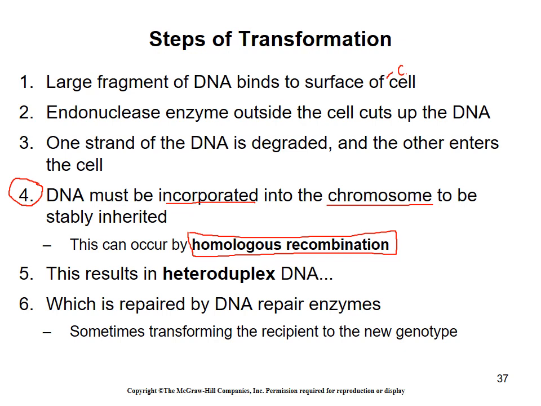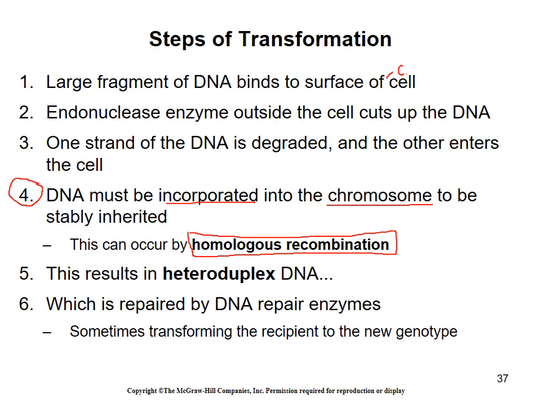Now, as it lines up, it will create what we call a heteroduplex DNA. And a heteroduplex DNA is basically this awkward transition point where you're trying to incorporate the foreign piece of DNA into the genomic or bacterial chromosome strand.